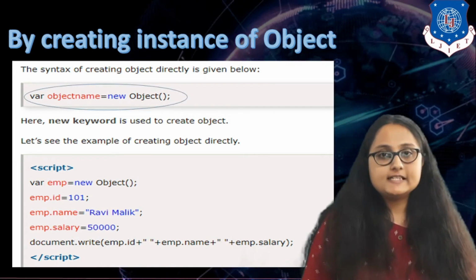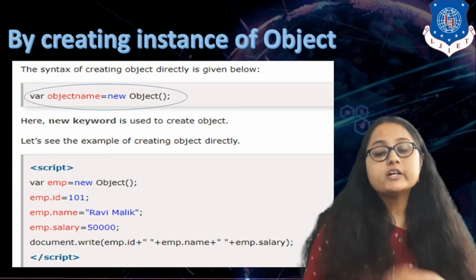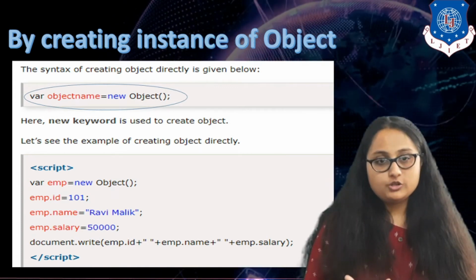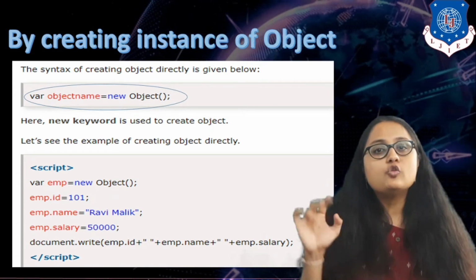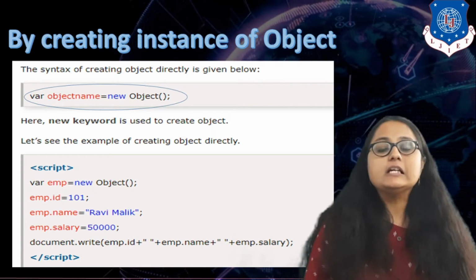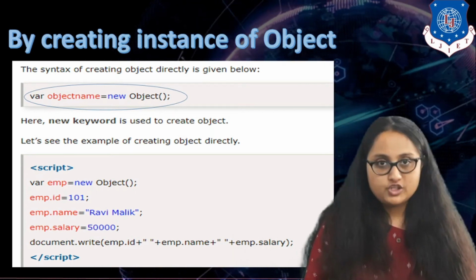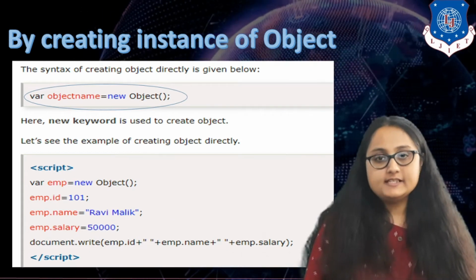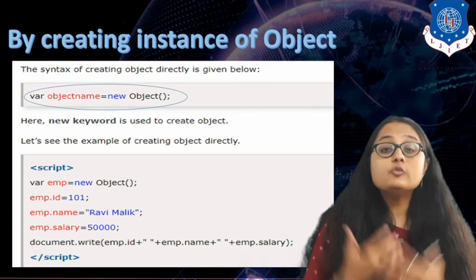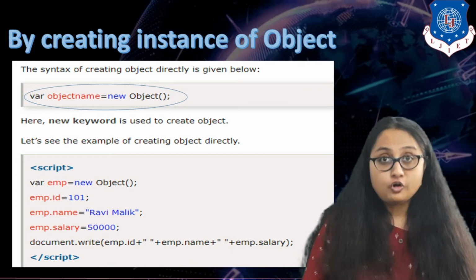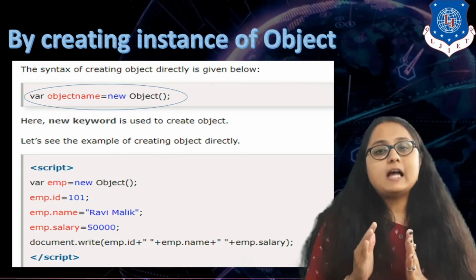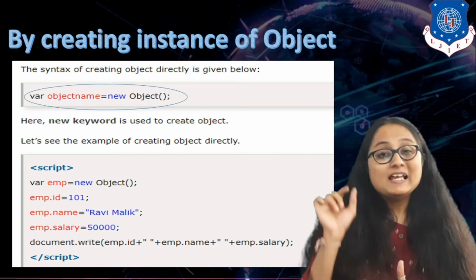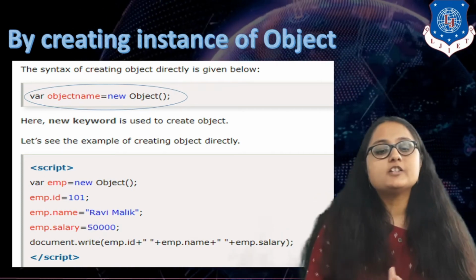Here is the syntax where we declare a variable: whatever object name you want to write is equal to new object. This will create the object directly. But for assigning the properties, you will have to use this object name, the dot operator, write the property name is equal to, and assign the property value.